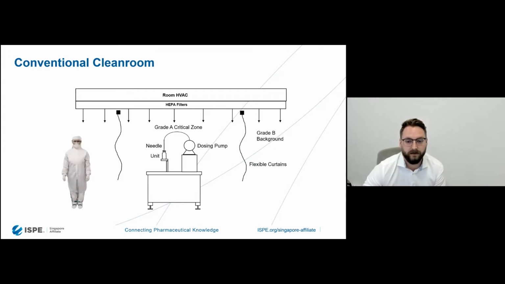Okay, so the main reason we want to separate the operator from the critical zone is due to interventions. So per FDA requirements, all aseptic operations in a critical zone shall have dynamic smoke studies performed to show the process is designed to prevent contamination. So with these operators that are working in the aseptic filling lines, they have to be a part of the qualification process of that line.